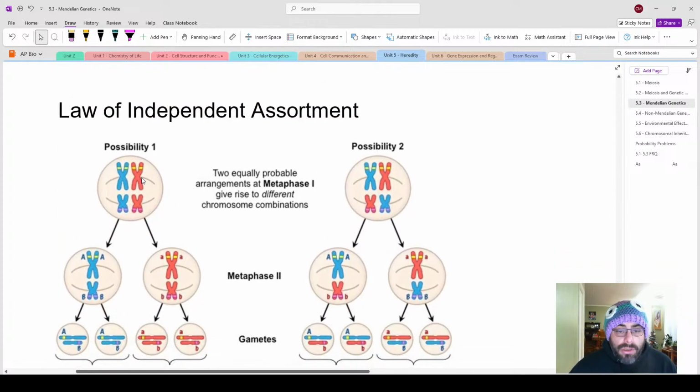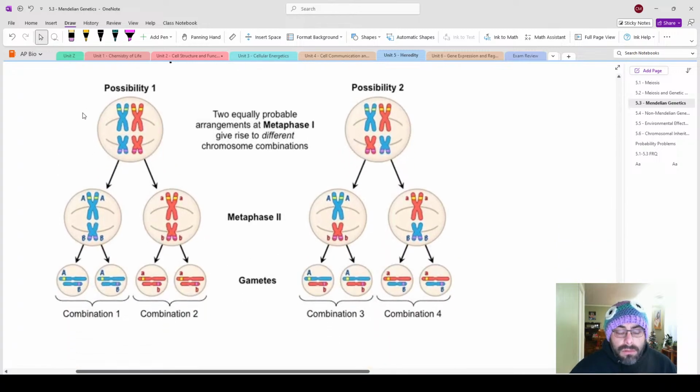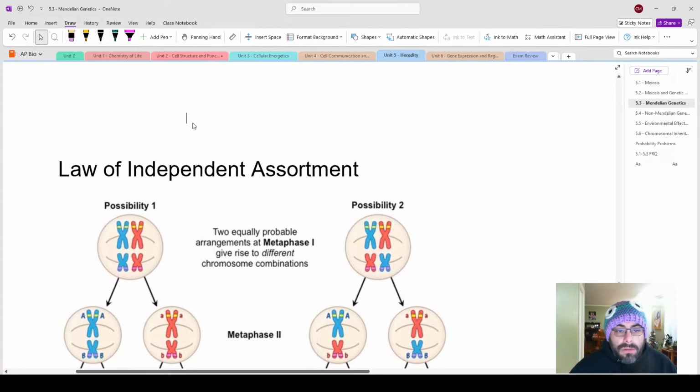Independent assortment assumes pairs, more than one pair, right? So it assumes not only AA or whatever, but it also assumes that. Now it could also be this. It could just go on and on, but there's no reason for it to.